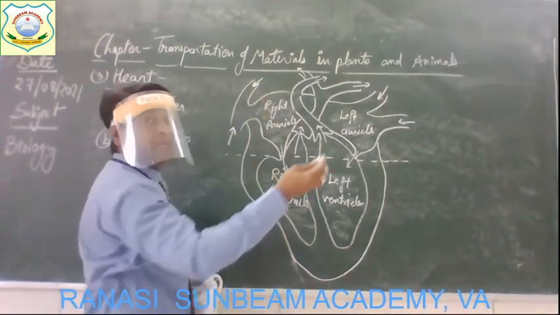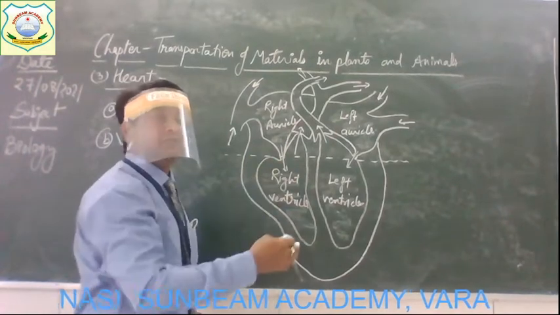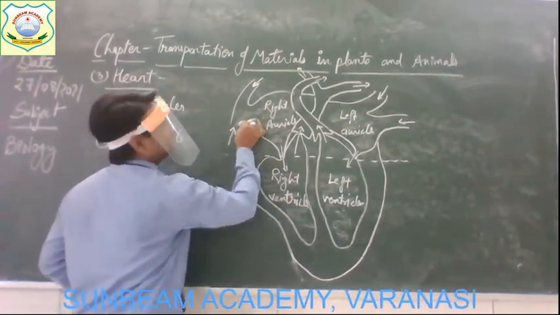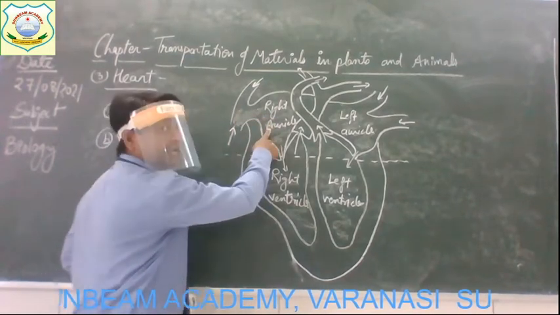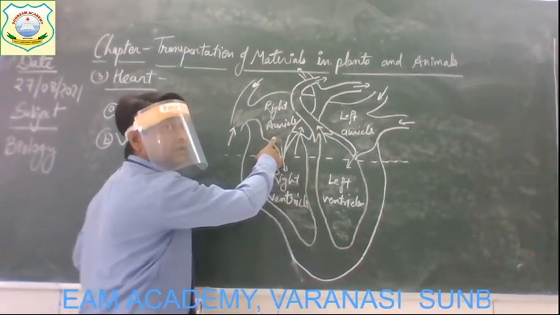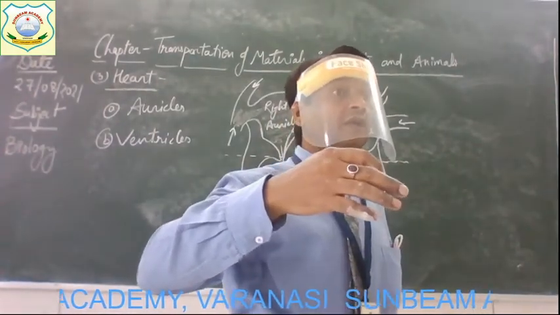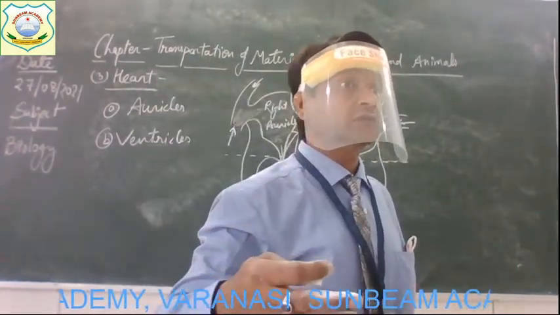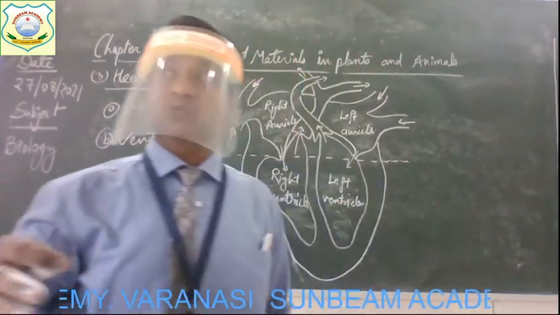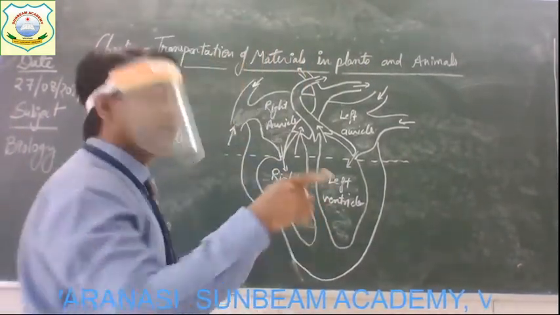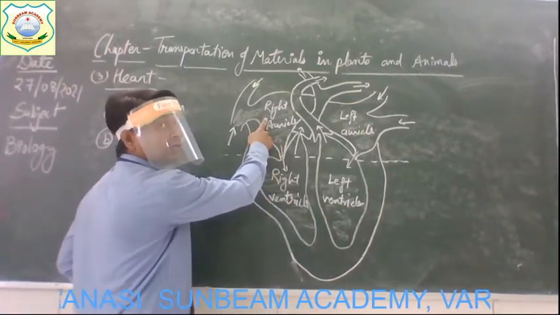the movement of blood in the 4 chambers. This arrow indicates what? The blood is coming here. Where? In the right auricle. So in the heart, the blood comes from what? From different body tissues, which is deoxygenated, and comes into which chamber?